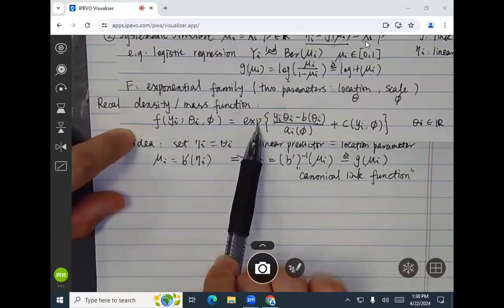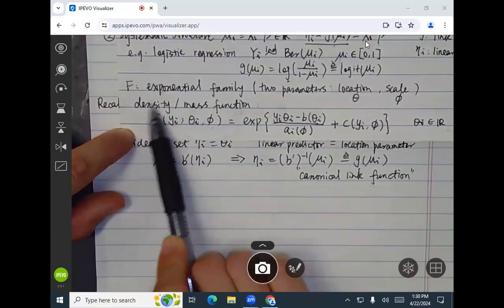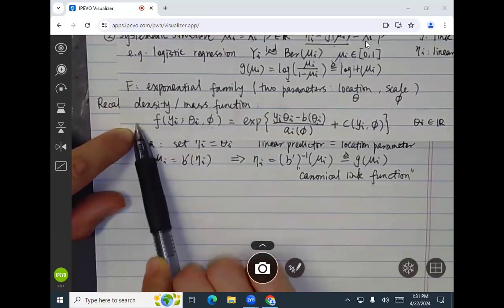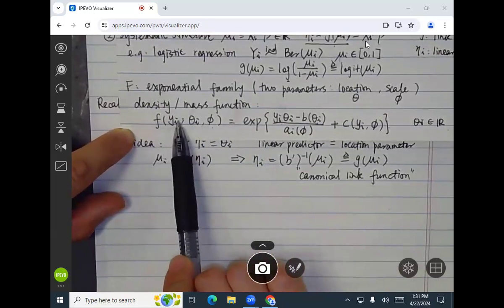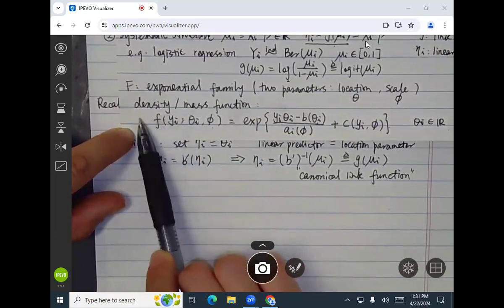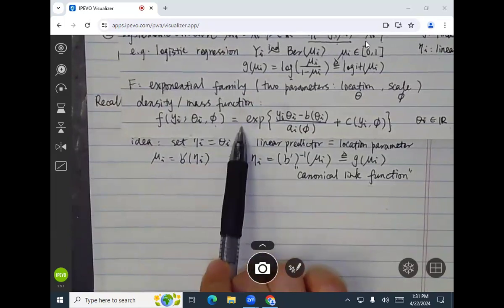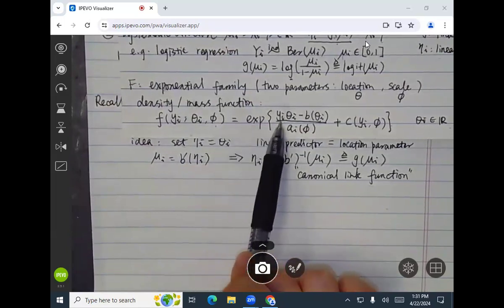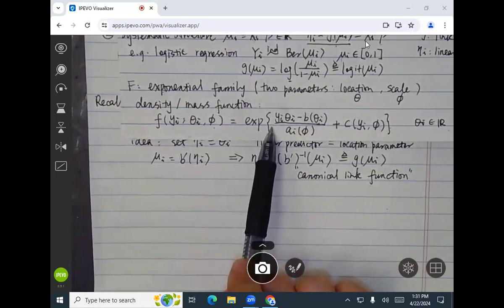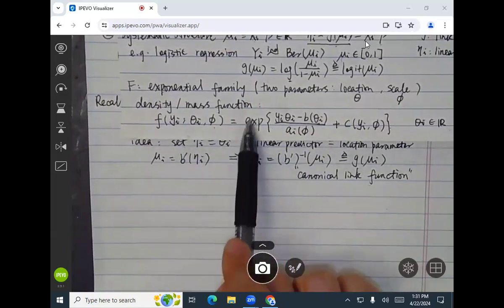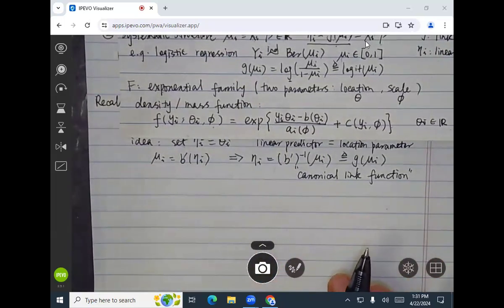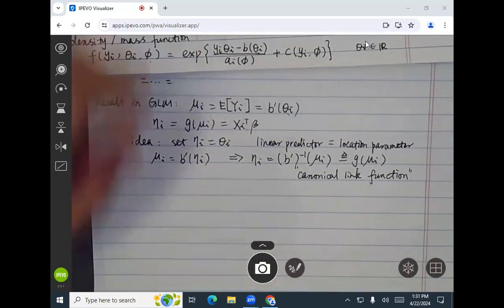Once you take the likelihood, you are multiplying the density functions of y1 to yn, since they are assumed to be independent. Once you multiply outside of the exponential, it becomes a summation inside the exponential. And once you take the log, the exponential is gone. So it's actually very easy to work with the log likelihood.